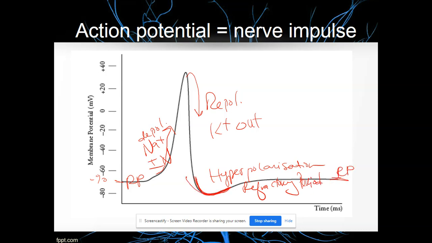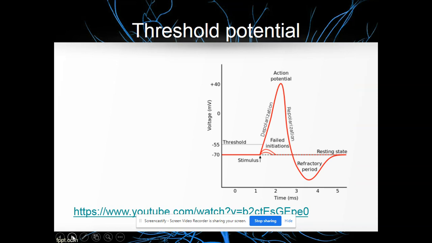And here, this little dip, what's happened is the sodium-potassium pump has started pushing that sodium that got in back out, but also all that potassium is out. And so we get a little extra negative until the pump, that sodium-potassium pump, is able to put the cell back to the normal resting potential of -70.